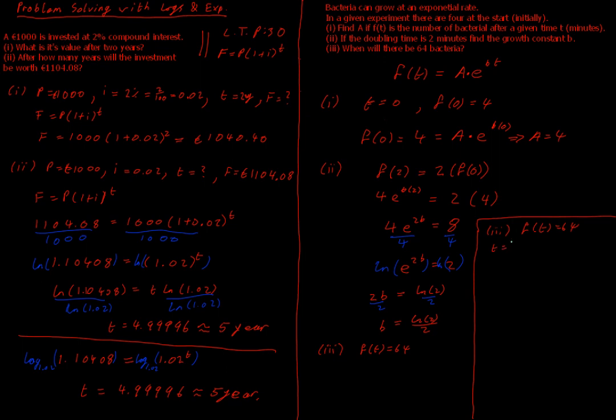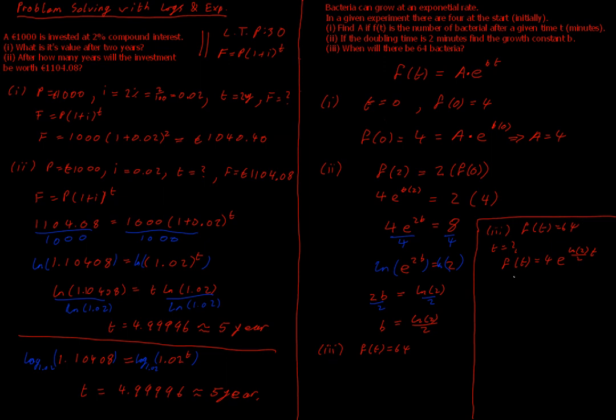So t is equal to what? And I am going to sub in to my formula. I now know the full version of my formula. F of t is equal to a is 4, e to the b is ln of 2 all over 2 times t.